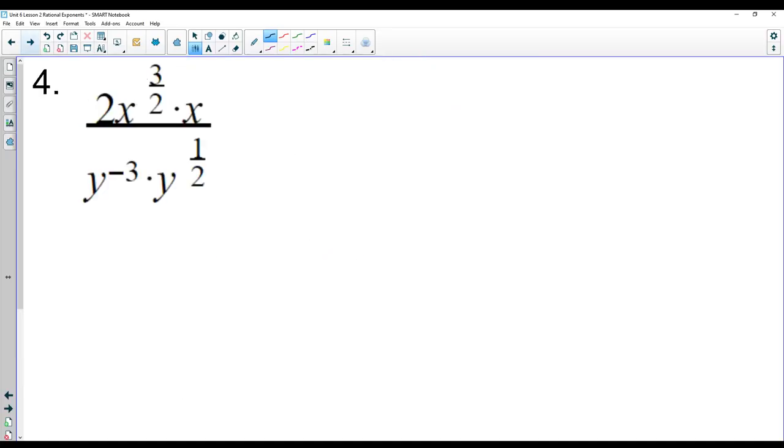All right, so what I like to do for this one is simplify numerator and denominator separately and then take a look at the fraction as a whole. I see I have 2 x's on the top, 2 y's on the bottom. I'm going to simplify those first. This right here, x to the first, I'm going to rewrite as 2 over 2 so that I can easily add these exponents. So I have the 2, and then I have x to the 5/2.